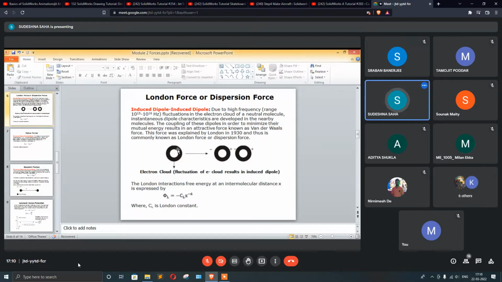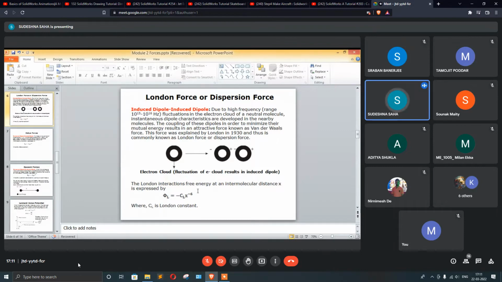So that means in this particular case, because of the high frequency fluctuations in the electron cloud of a neutral atom, they actually induce a dipole in the nearby atoms. That is the reason for the generation of this kind of attractive force.